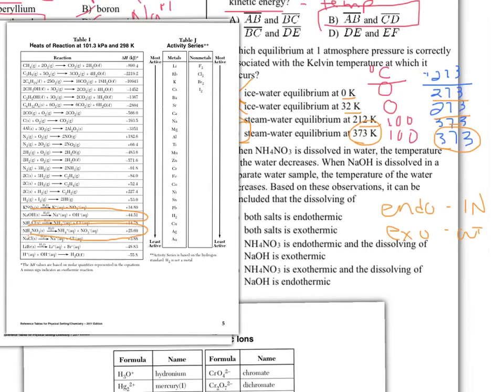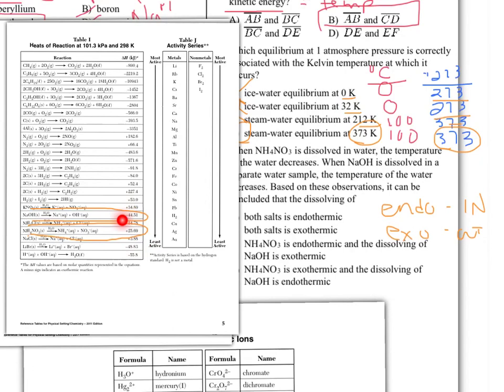At the bottom of the table, there's this asterisk that says that the H values are based on molar quantities represented in the equation, and the minus sign indicates an exothermic reaction. So when we look at the process for sodium hydroxide, we see that we have a negative, and when we look at ammonium nitrate, we have a positive. So sodium hydroxide is negative, exothermic, and ammonium nitrate is positive, or endothermic.